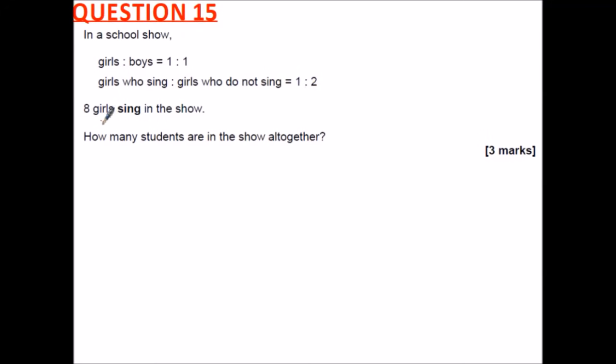We're also told that 8 girls sing in the show. So what we're going to do, we're going to take this bit of information and see if we can get something useful out of it. So we've got singing girls on one side. We're going to compare this to the number of non-singing girls.